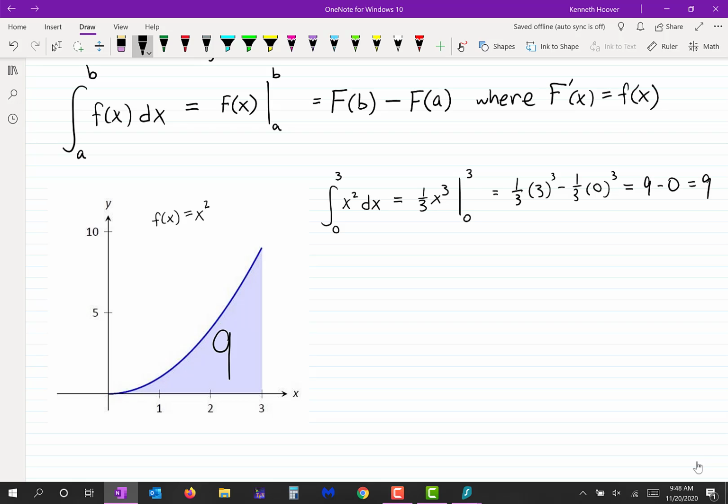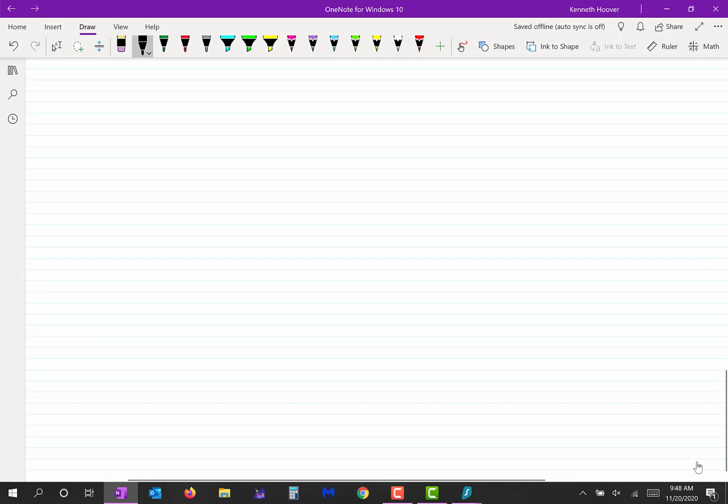Okay? Now a couple of rules to cover that are more or less obvious, but I think we should point them out. And these are listed on page 233. Just some simple things to remember. First of all, you can certainly integrate a function from one limit of integration to the same number.